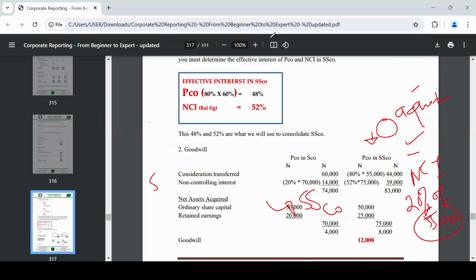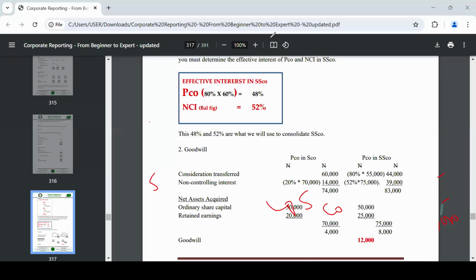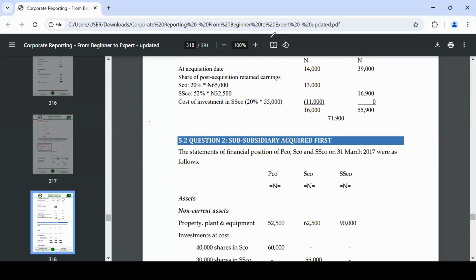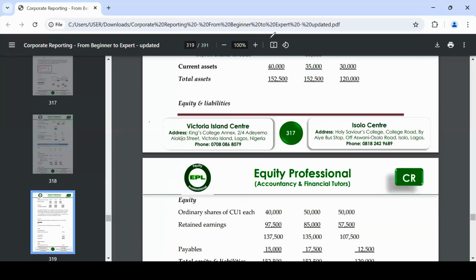To solve that problem, I think it was problem 3. It was problem 3 that we solved. Let me just take us there. I think it was this question.